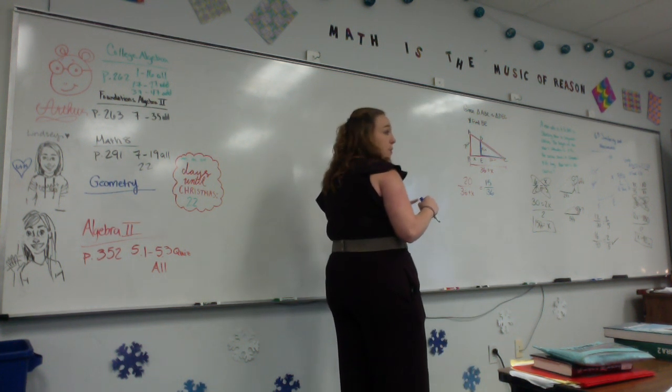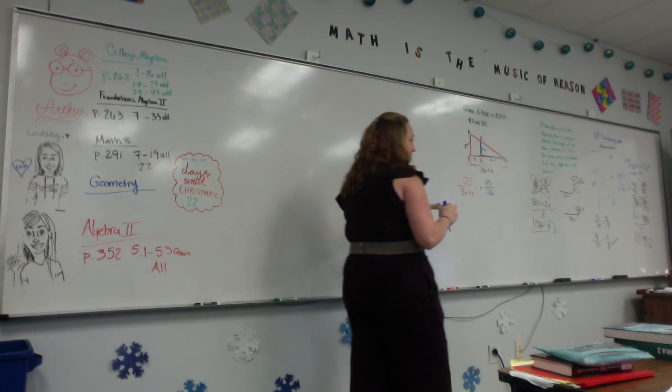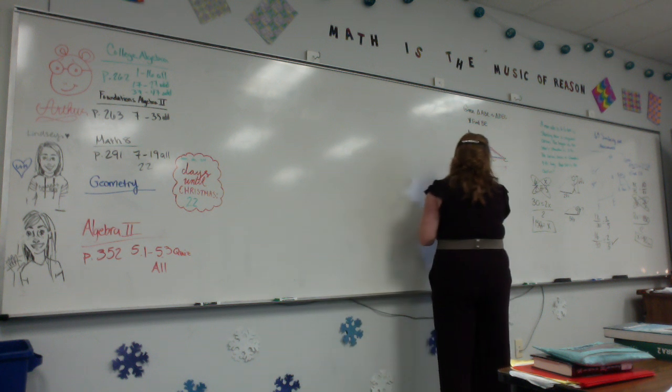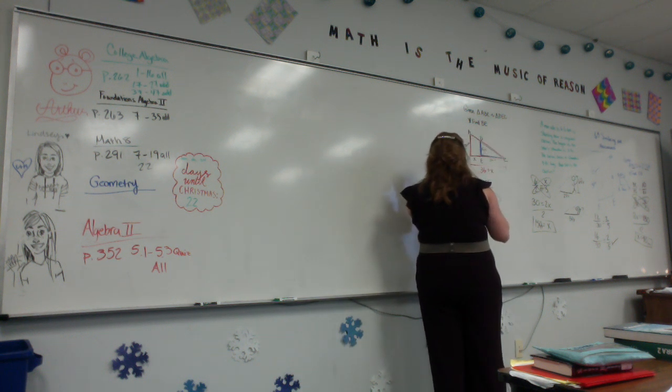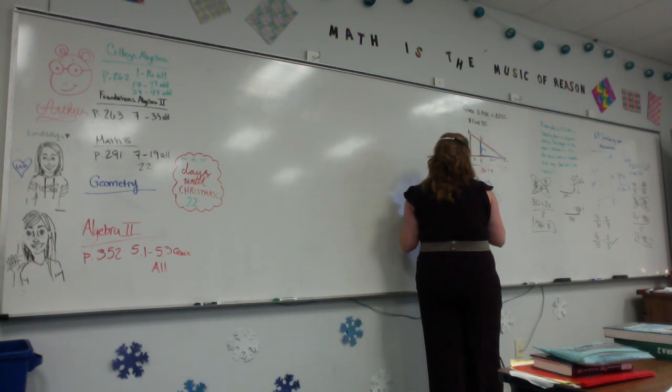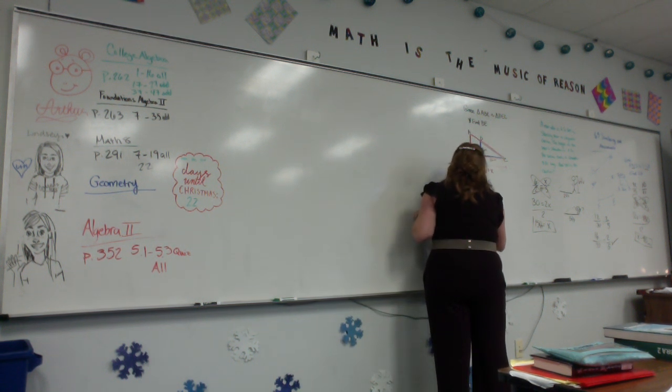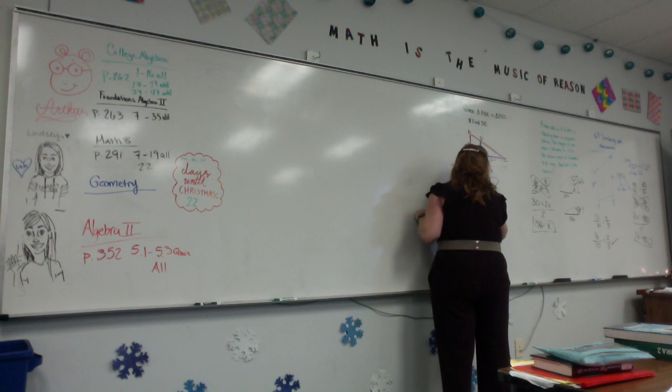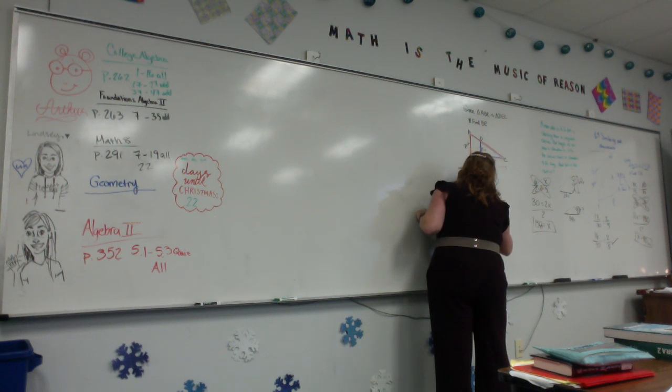Now I've set up a proportion with a missing value inside of it. Now when I cross multiply, what's 20 times 36? 720. Now, when you cross multiply this, you have 15 times parentheses 36 plus x.